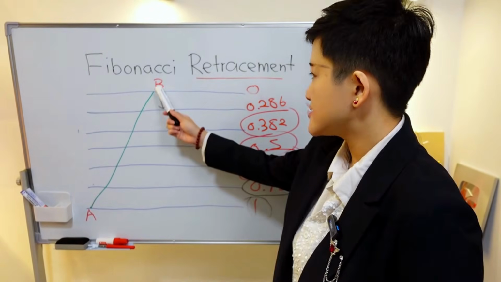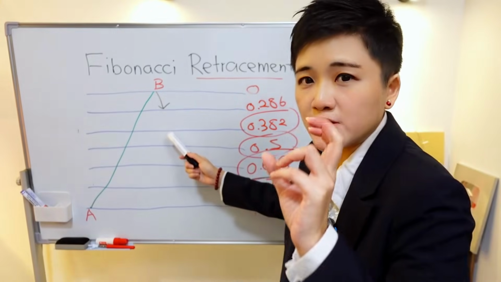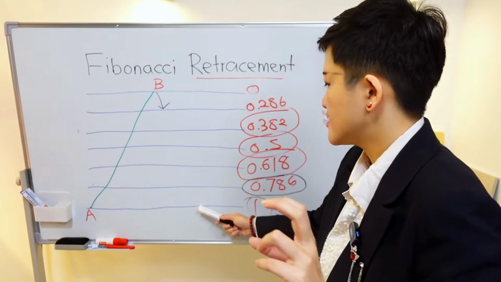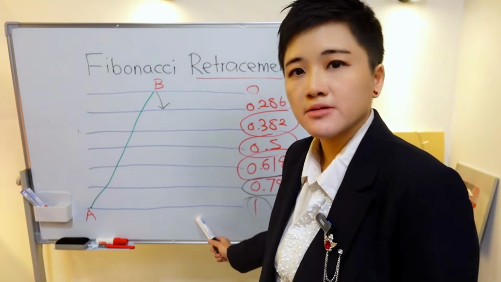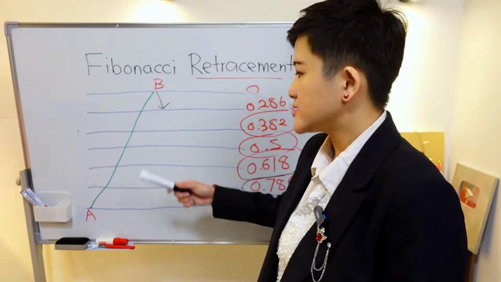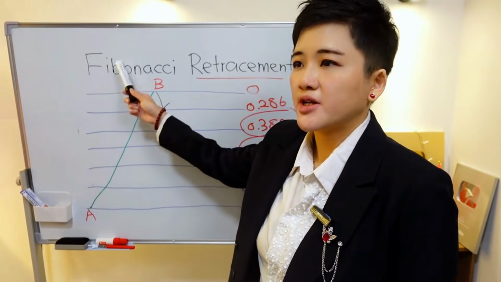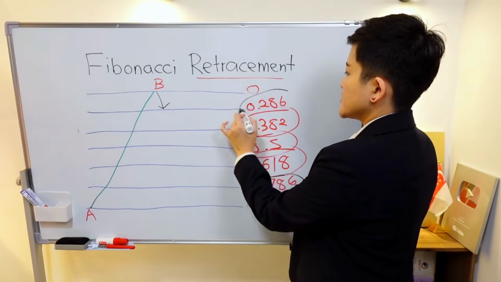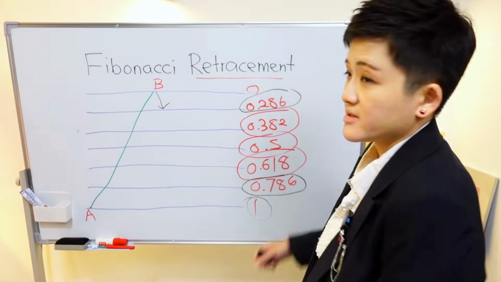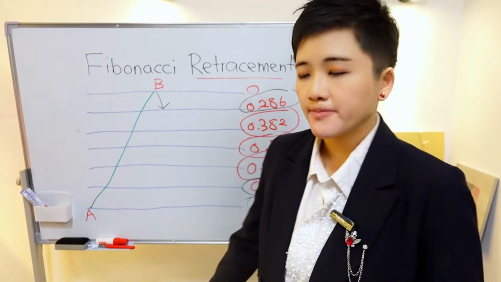So when prices retrace all the way back to level 1, this is not a retracement anymore. This is price changing from an uptrend into a downtrend. So 0.286 is too risky, and 0.786 is not a retracement anymore.